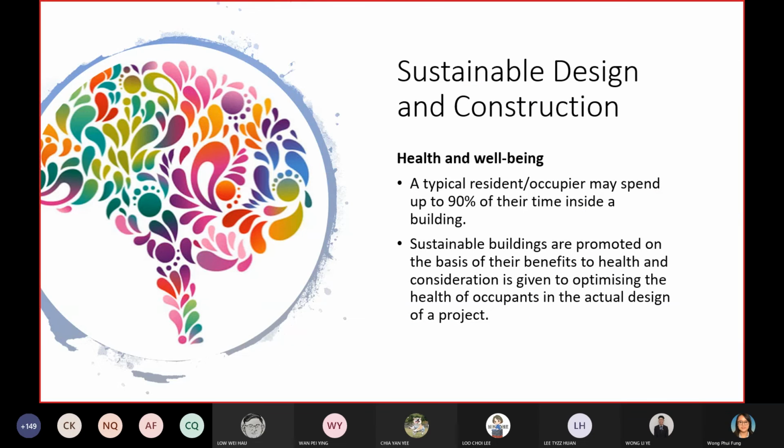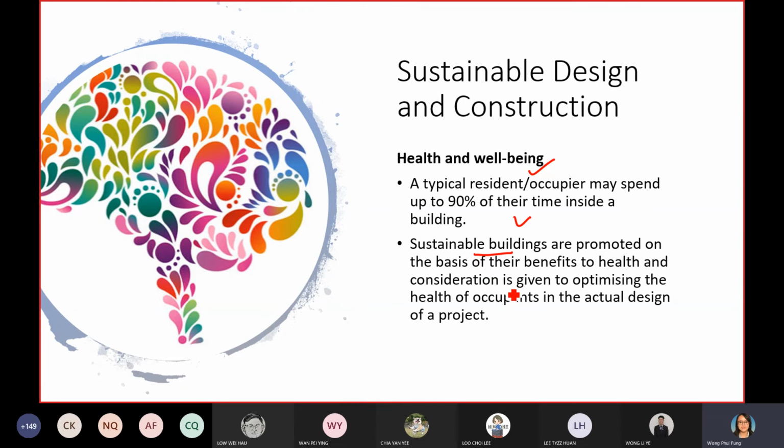Okay. And regarding health and well-being, as I mentioned just now, we all spend 90% of the time indoors. I think since MCO, most people, maybe 100%, spend their time inside a building rather than going out, because you cannot go out because the cases are quite viral, isn't it?